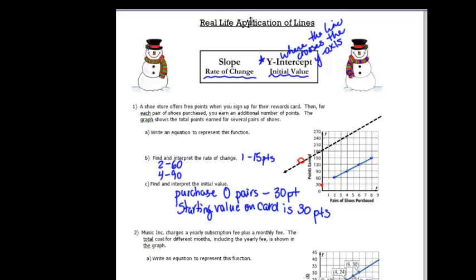So the rate of change is 15 points for each pair of shoes. Now we haven't really done rates and ratios yet, but a rate is kind of like miles per hour. So points for each pair of shoes.